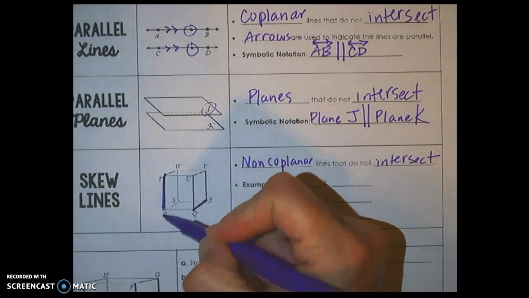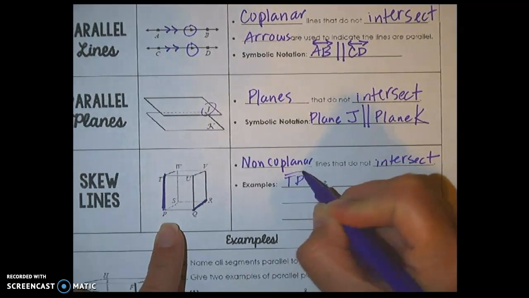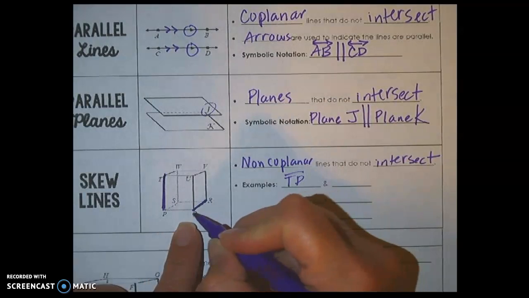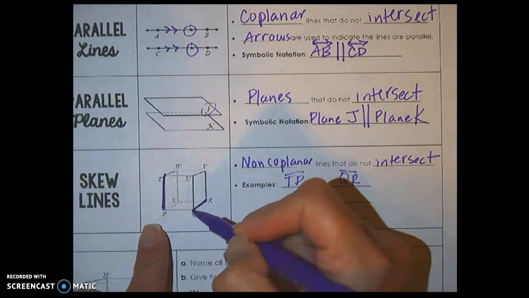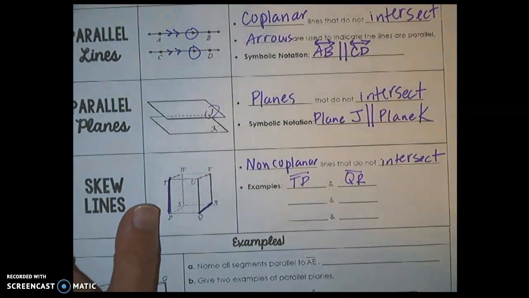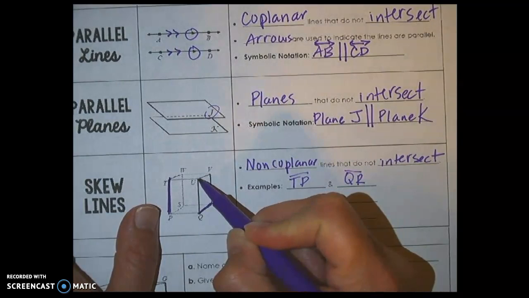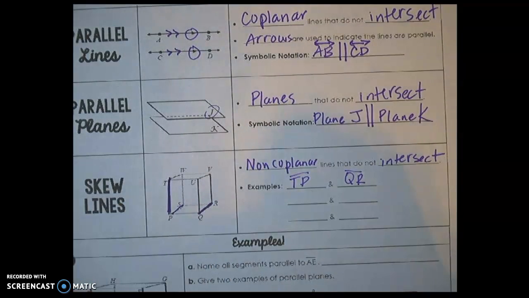So for example, we can use this TP right here. TP does not intersect with this QR. This one does not intersect with that one. And there's multiple of them that you could use as an example. We could say this PS down here. I'll switch to another color.